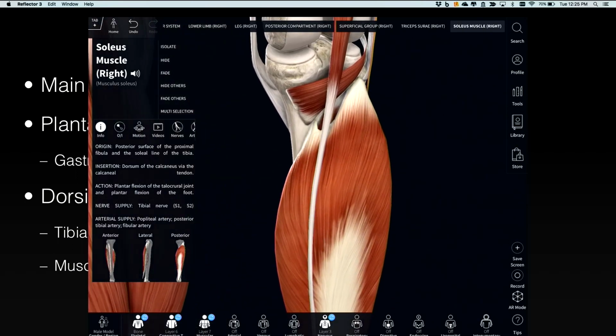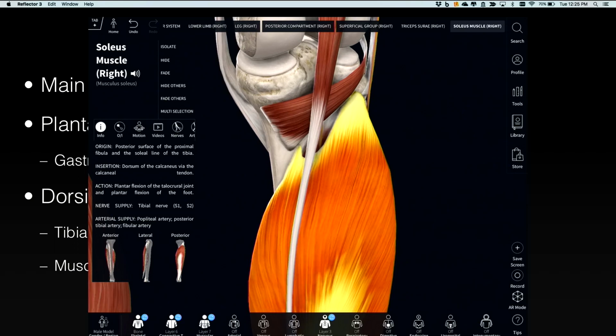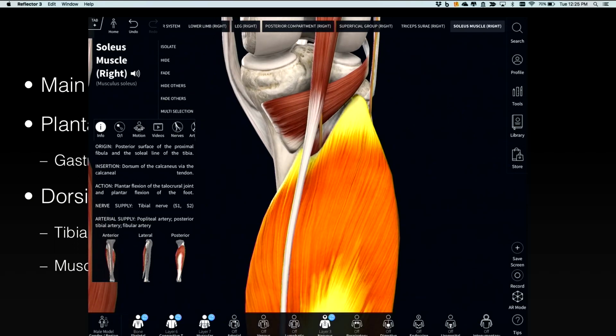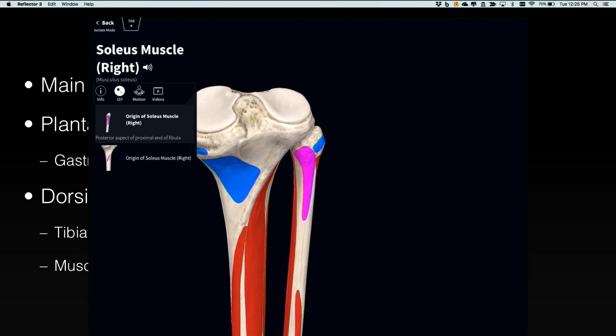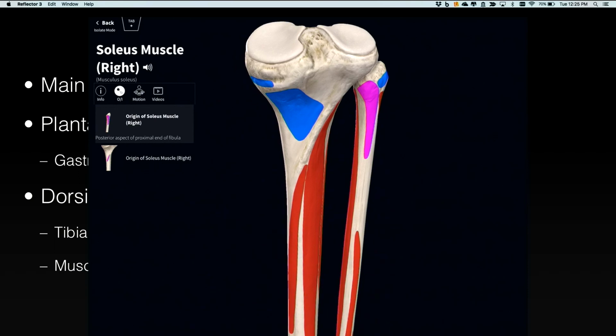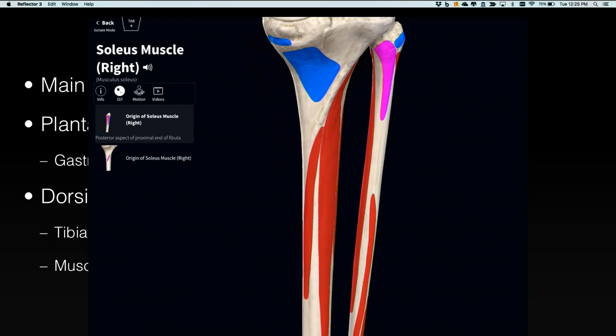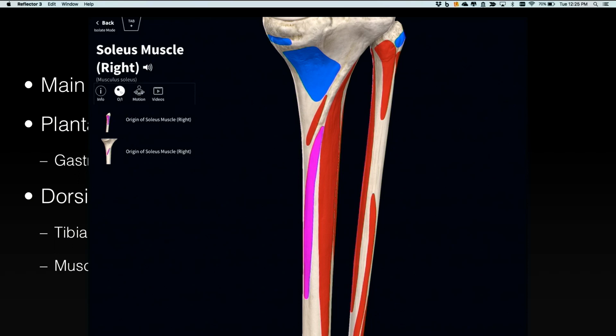And so you can see its origin on the back of the fibula. Look laterally, the back of the fibula. On the tibia, it's not so clear, so I'm going to show you what it looks like. We have the back of the fibula as the first origin point. And the soleus spreads all the way across the back of the tibia, originating from what we call the soleal line.